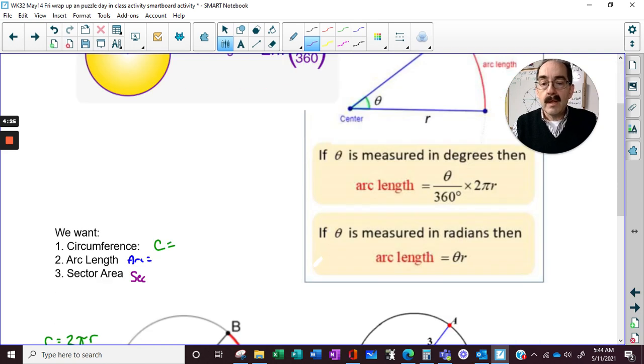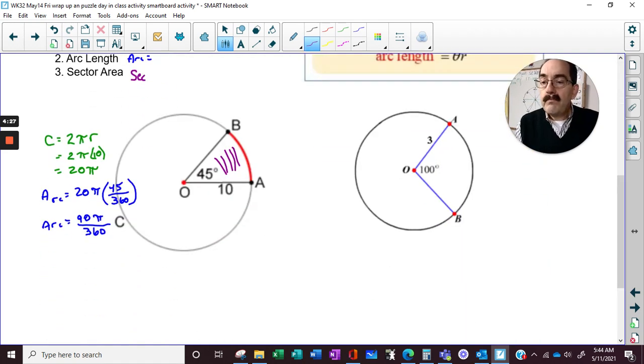So, in our case, the sector area is pi r squared. And in our case, that means 10 times 10. In our case, that means we have 100 pi for the whole thing. But we only want 45 of the whole thing. Okay, right?